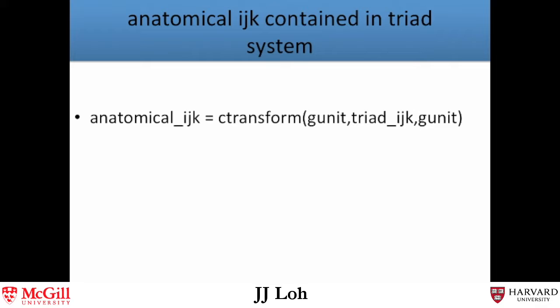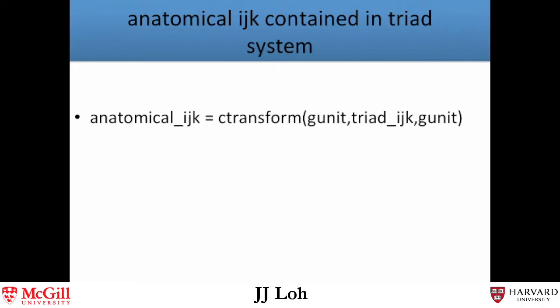So we can safely say that that is the orientation of the anatomical system. So we want to transform from the anatomical system, which happens to be those ijk vectors, to the triad ijk vectors, which we can get from our data.